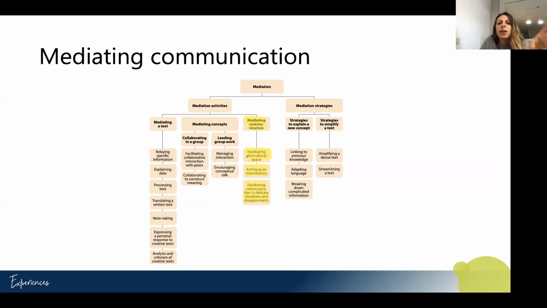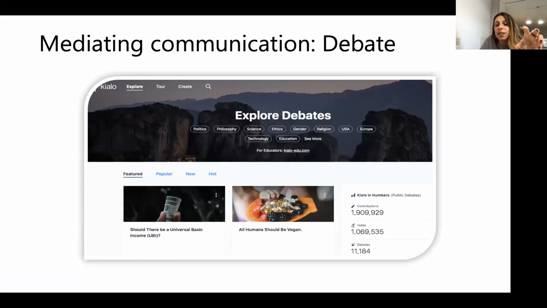Mediating communication. Here we have the pluricultural space and facilitating communication in delicate situations and disagreement. This is something that I'm particularly keen on, and I would like to suggest as a possible activity to organize with the students: debate. Debate is a teaching strategy that is so powerful in language learning, in EFL class, in a language class, because you can have students debate on certain claims, in favor and against, according to some specific protocols, and so on, and they need to defend their ideas, but also respect certain rules.